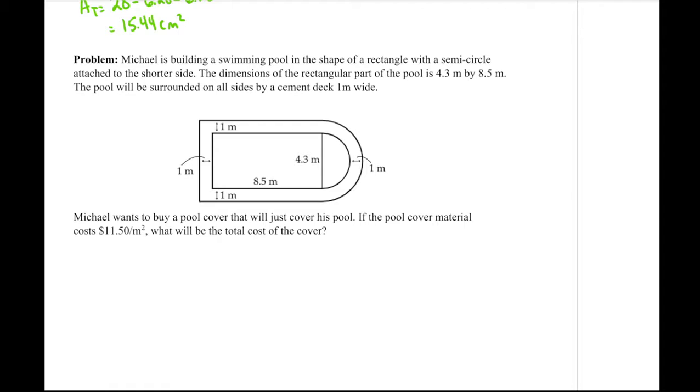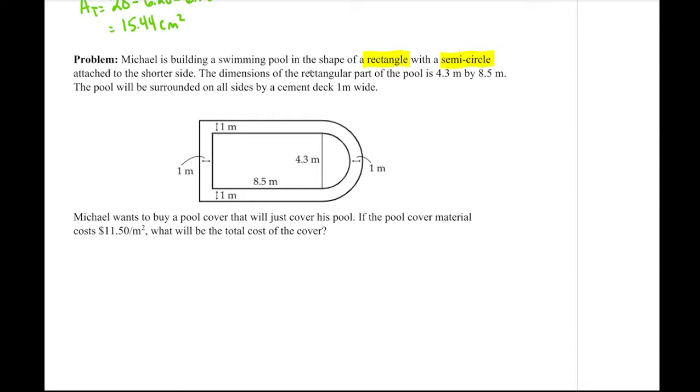So here we need to think of what the question is asking us, because there's a lot of information here. Let's go back and highlight or underline or put stars next to some important things. Michael is building a swimming pool in the shape of a rectangle and a semicircle, so it might be helpful to know what shapes we're dealing with.